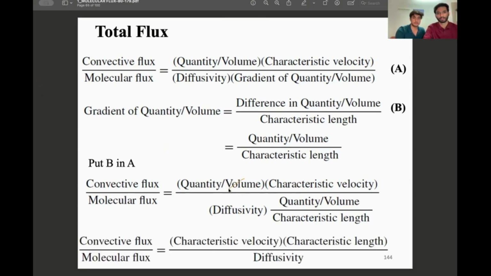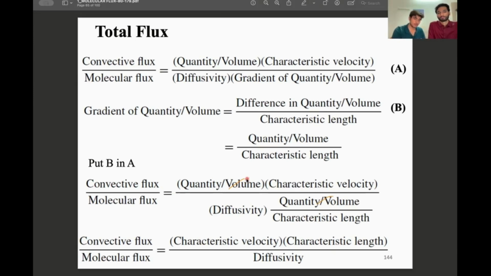So finally we get the ratio of convective flux to molecular flux as characteristic velocity into characteristic length divided by diffusivity. This is the formula you need to remember, in notation form VCH into LCH by DAV.